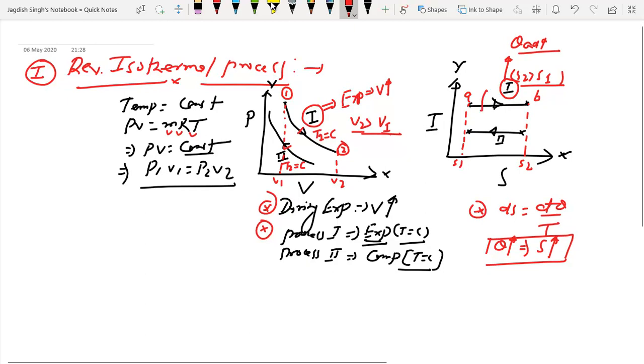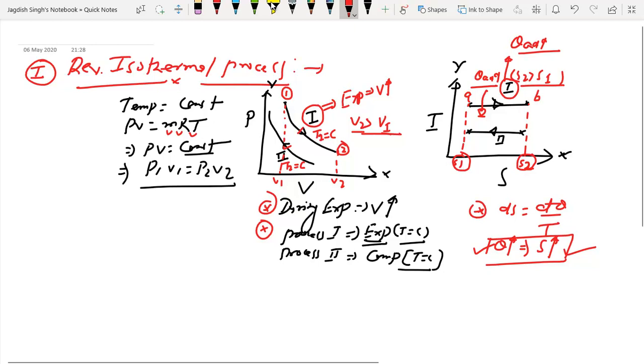In this process, heat is added reversible isothermally. How? Because whenever heat is added, the entropy will increase. And in process 1, we see that entropy is increasing, because S2 is greater than S1.